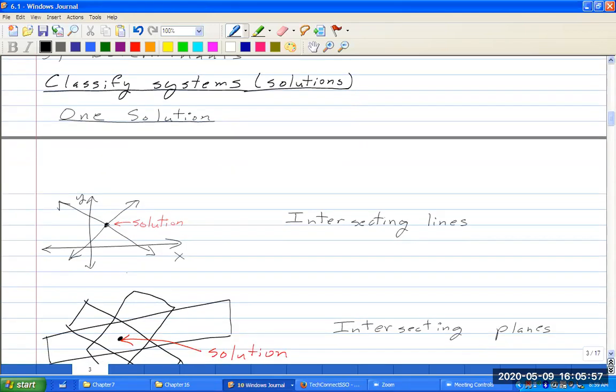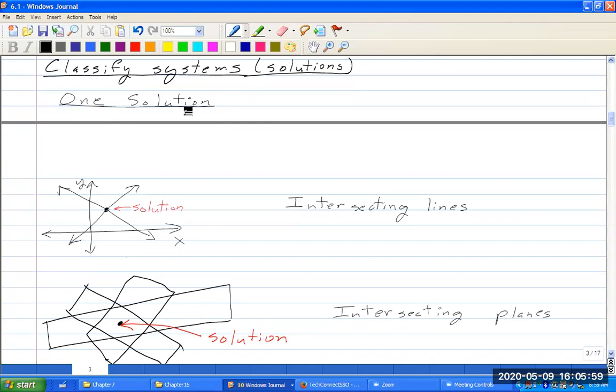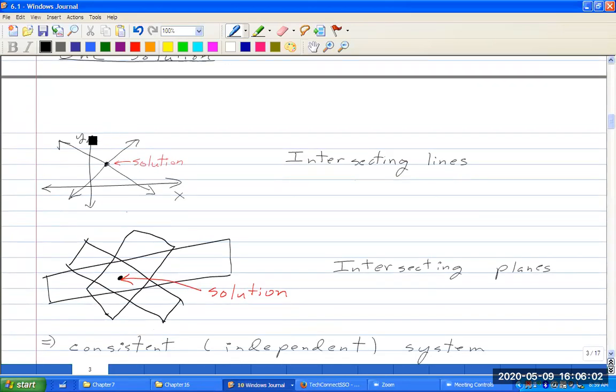First, suppose I just have one solution. Suppose I have two equations and two unknowns. Then if the lines intersect at one point, that point of intersection is the solution to my system. This is called intersecting lines.